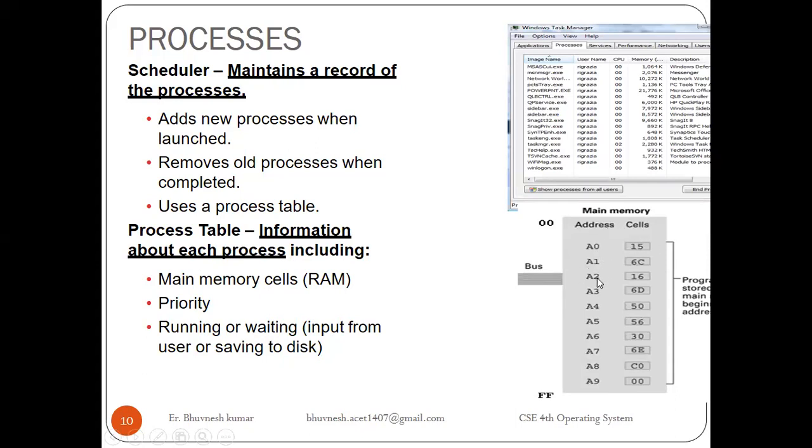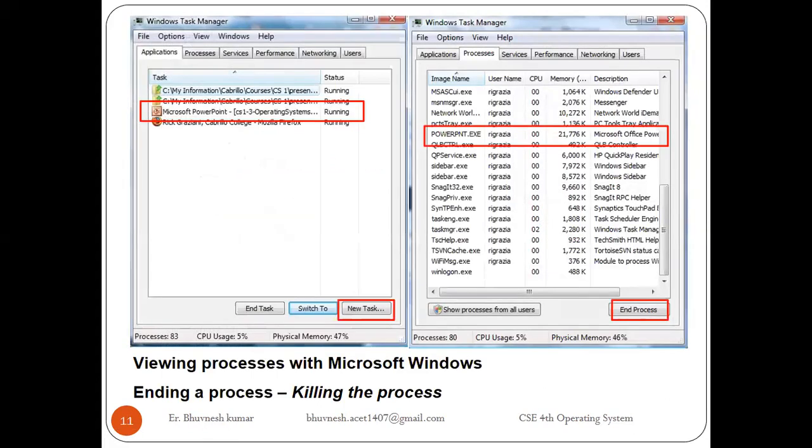This is the address of your process. Each and every process will be allocated an address or memory, and they also have a priority. Their status is they are running, or in a waiting condition, or in a blocked condition. They are all managed by your operating system.